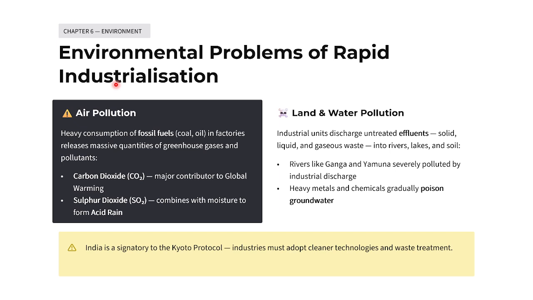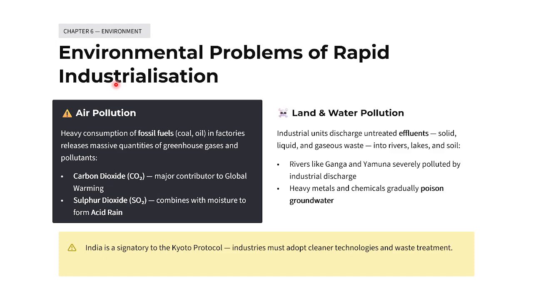Carbon dioxide is a major contributor to global warming. Then sulfur dioxide, SO2, combines with moisture and forms acid rain. So that is air pollution. Then water and land pollution.